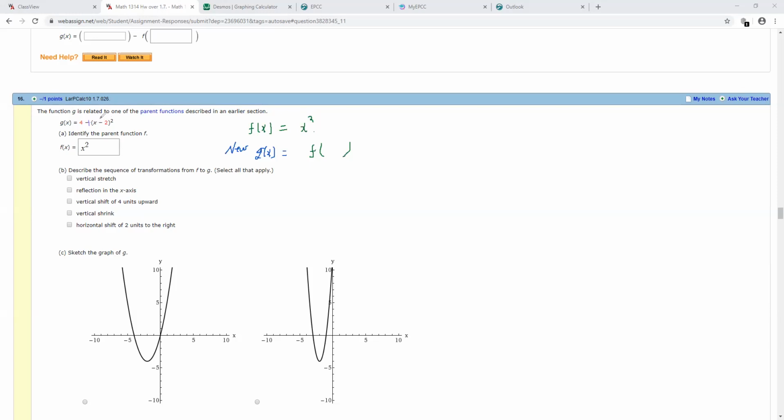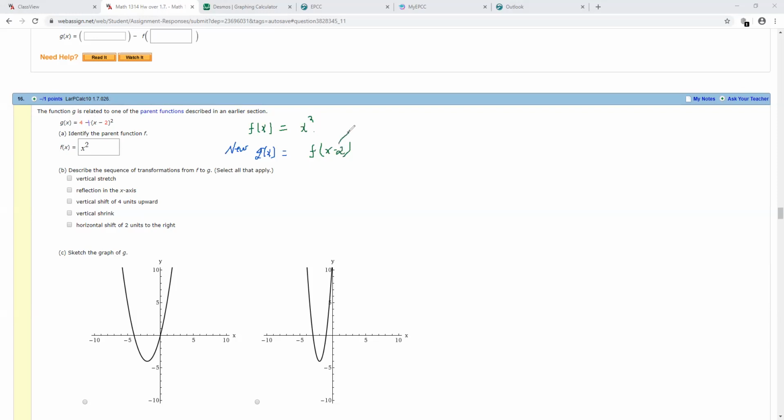What is being done inside? An addition or a subtraction, and it's a subtraction of 2. So whenever there's an addition or a subtraction, that's a translation or a shift. And it'll be the opposite of what it says here, or the mathematical inverse of what it says. So that'll be 2 units to the right. But what is being done to the x? It is a subtraction on the x.